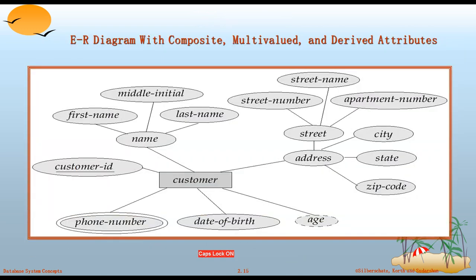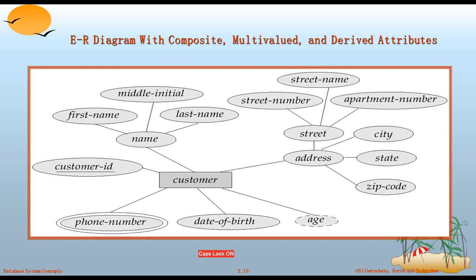Next we see an ER diagram with composite, multi-valued and derived attributes. Here customer is an entity set. We have already seen that it is represented by a rectangle, and then we have customer ID as one of the attributes of customer, and then name. Name has been further divided into several attributes, so it is called a composite attribute.